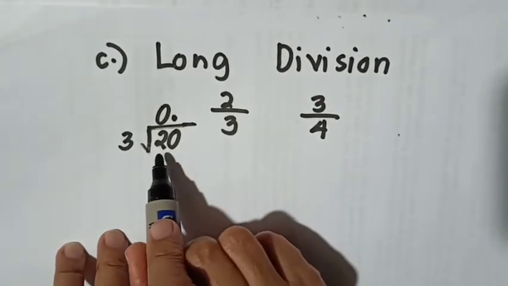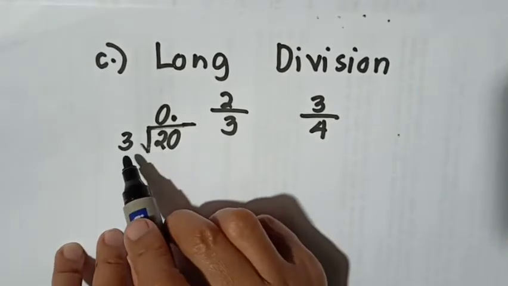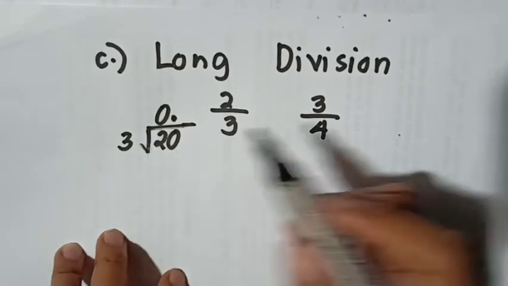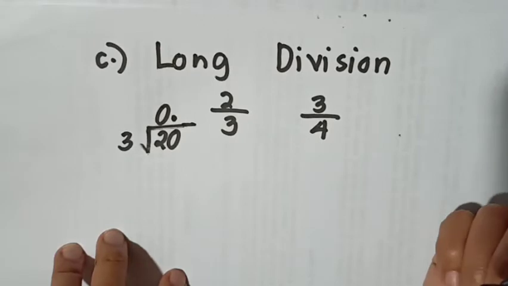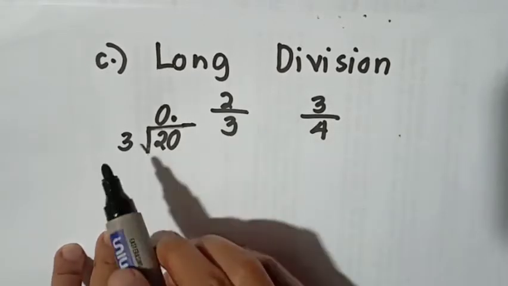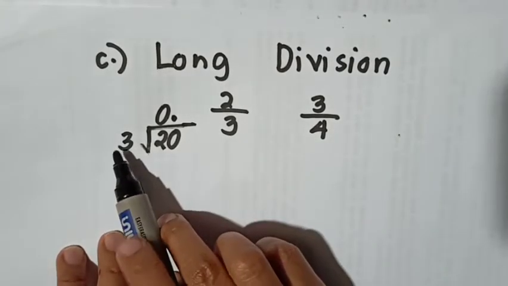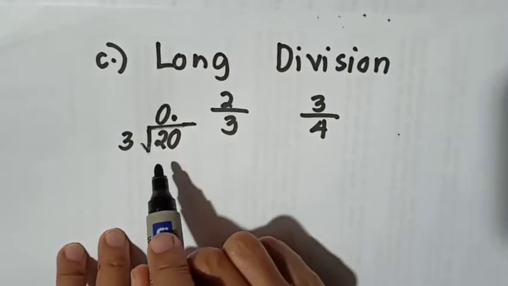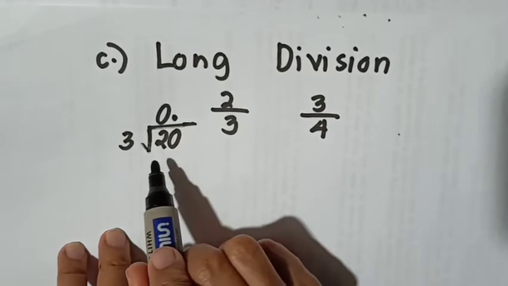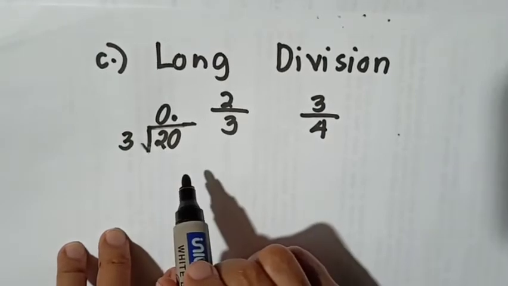Now, 20 is already divisible by 3. Think of the best factor that when you multiply it by 3, the product could either equal or be less than 20.